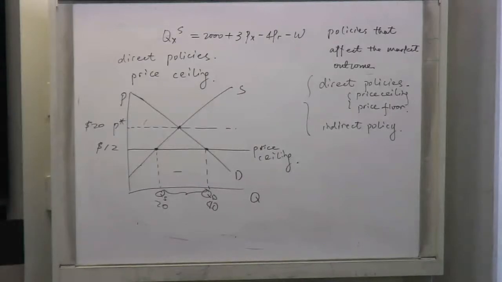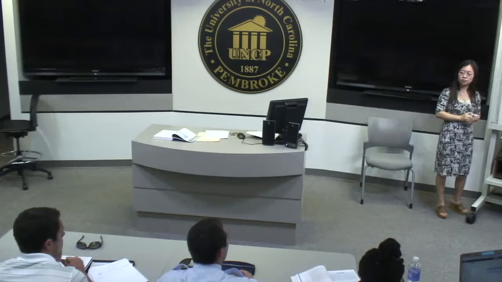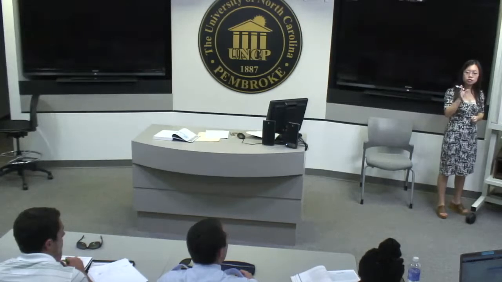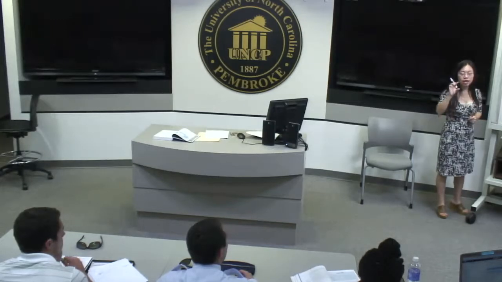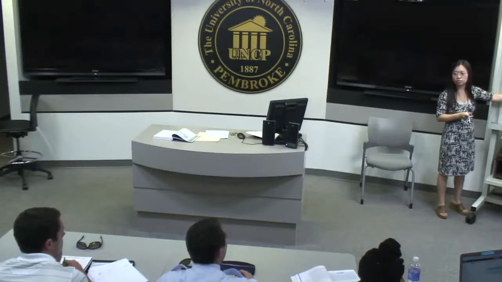So the producer surplus would be under the 12. It would be that small triangle on the bottom. Producer surplus is the area between what? The market price and the supply curve.